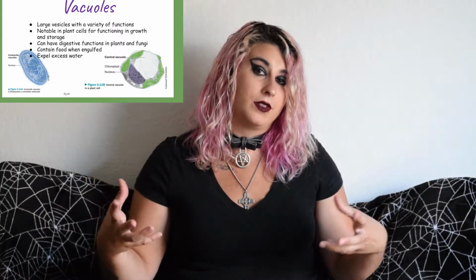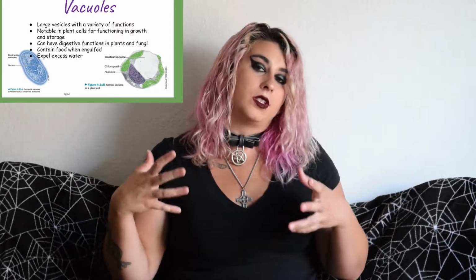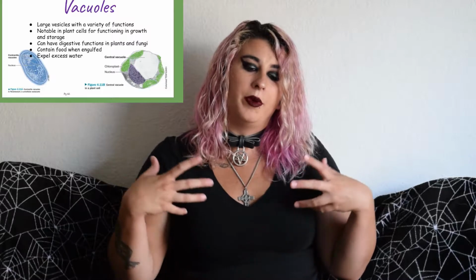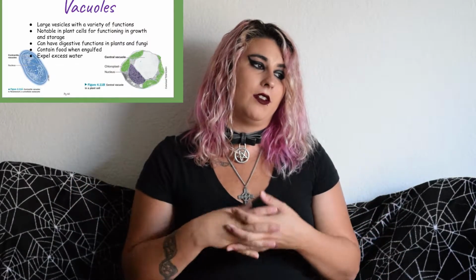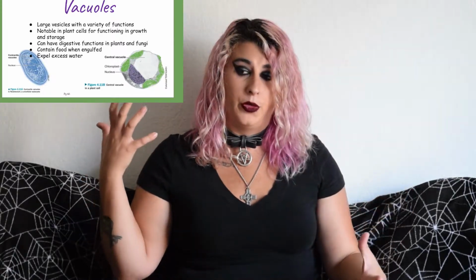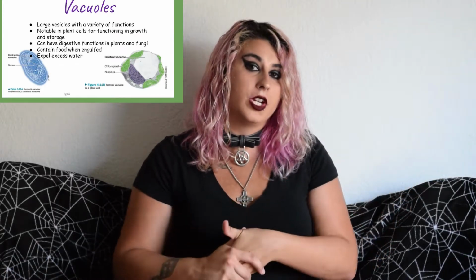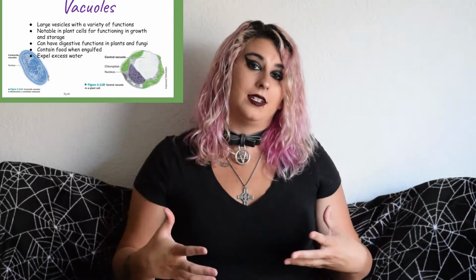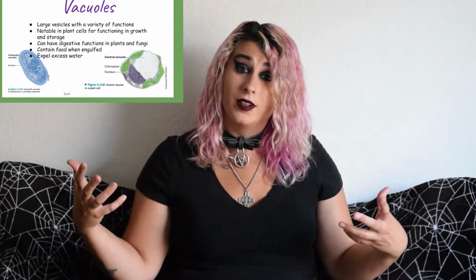but they can also contain food when food has been engulfed, like we saw on the previous slide, or in certain single-cell organisms, they help expel excess water, especially if the organism is in a freshwater environment, because of how the water will flow from areas of higher to lower concentration. And the insides of cells have a lot of stuff in them that's not water.